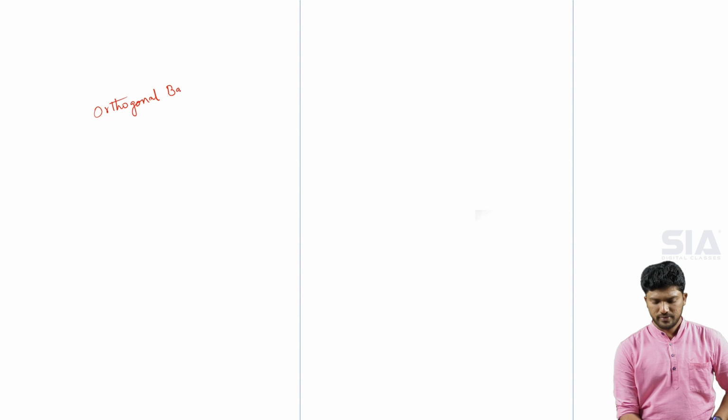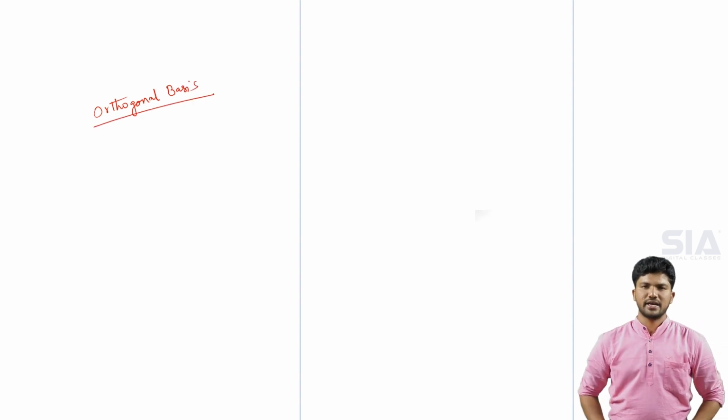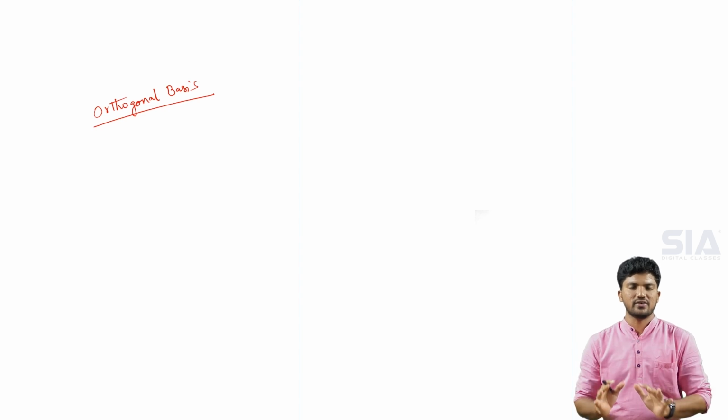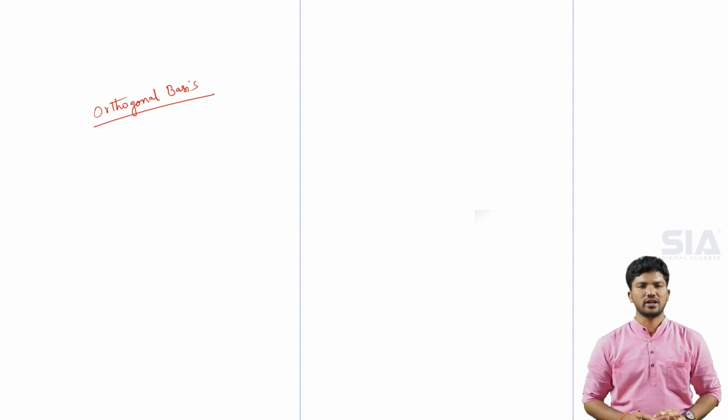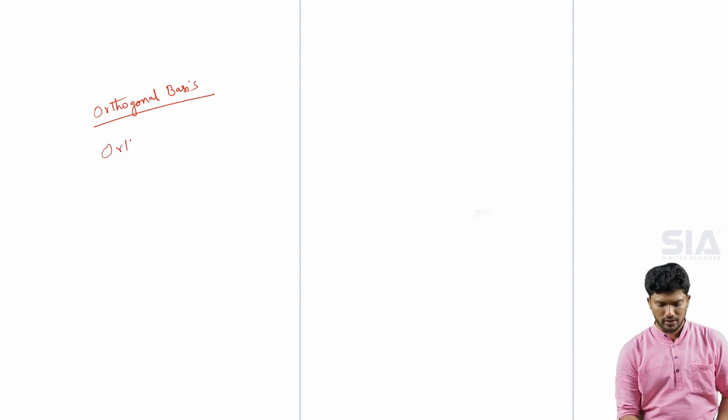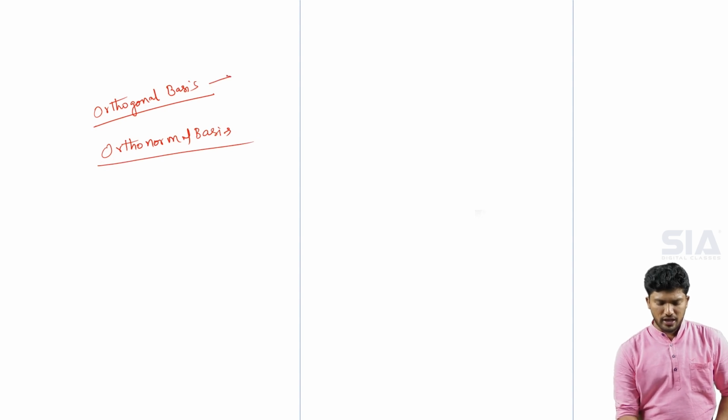Same problem in the examination, if they ask to show that the given set of vectors is an orthonormal basis, what is our aim? Already we have the orthogonal basis v1, v2 dash, v3.